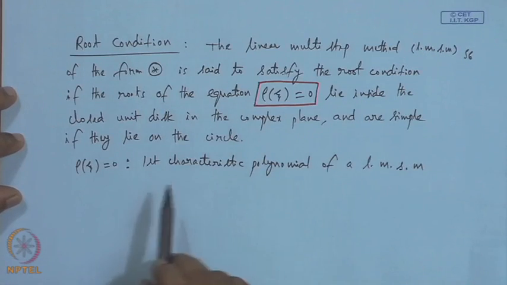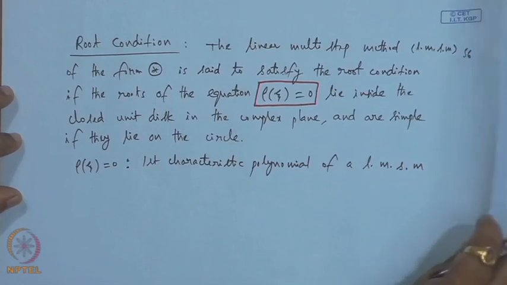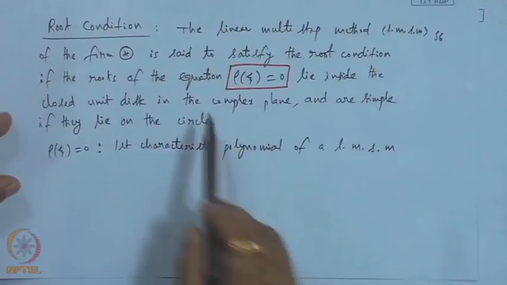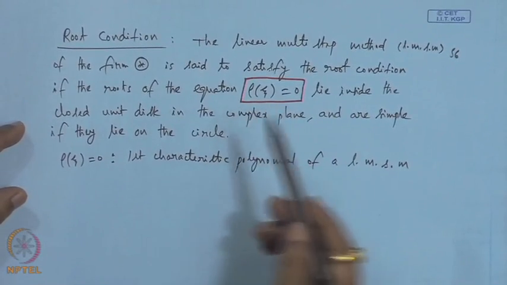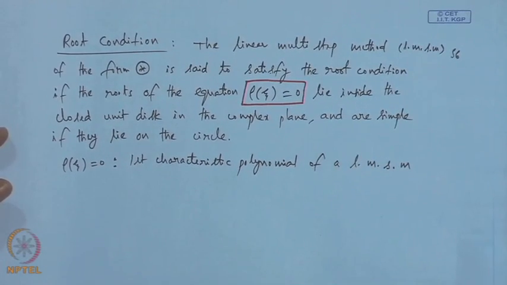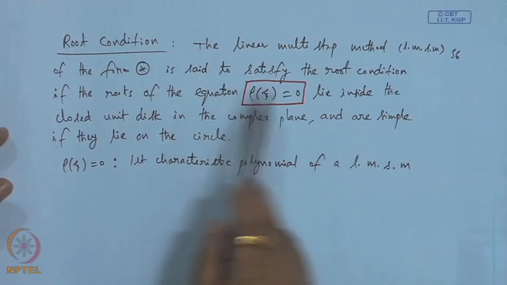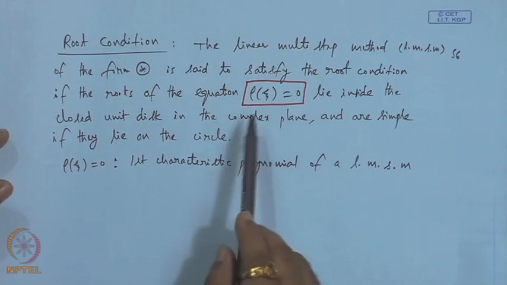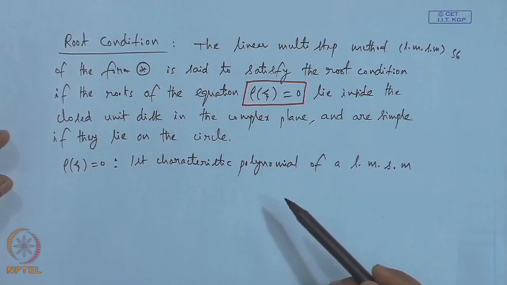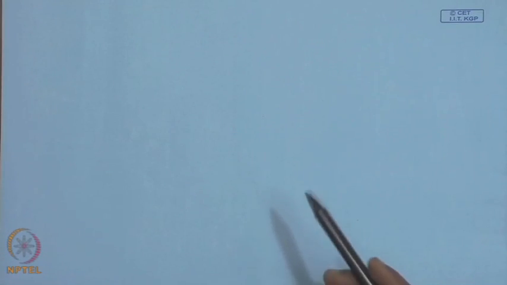What is it? We have not discussed it, so we have to define it. It is interlinked: we have defined zero-stability, and a method is zero-stable if it satisfies the root condition, etcetera. We will say that.